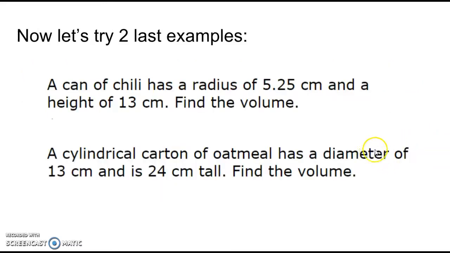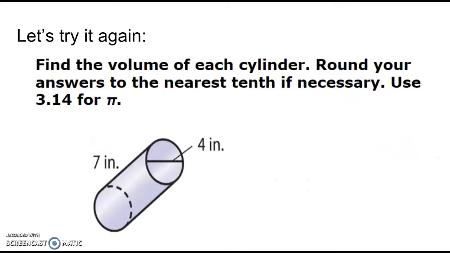Let's try another example. Find the volume of the cylinder, round your answers to the nearest tenth if necessary. Use 3.14 for pi. So write out what you know. Volume equals big B times H. Then since it's a circle, volume equals pi r squared times H. We know pi is 3.14.